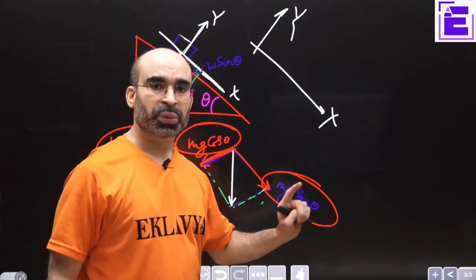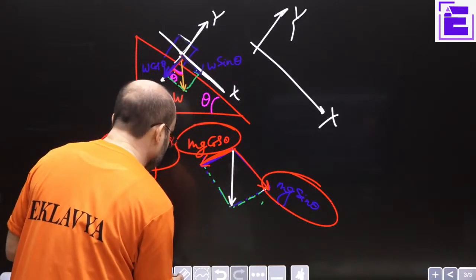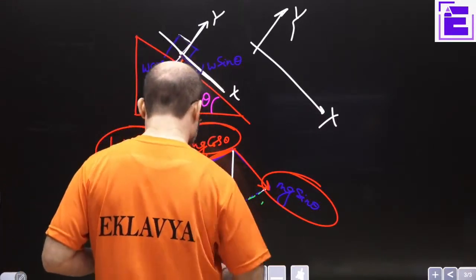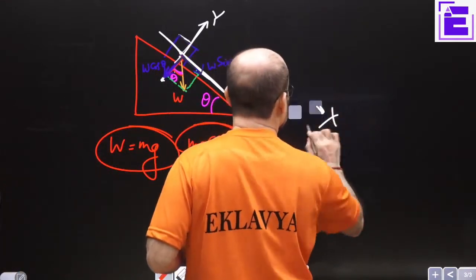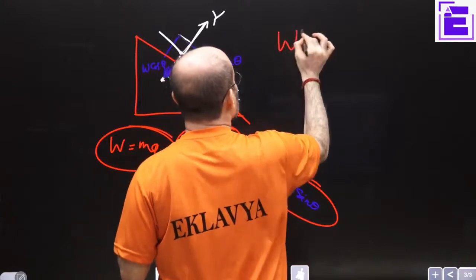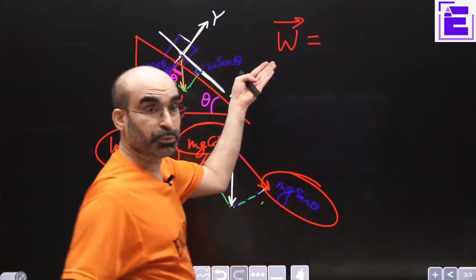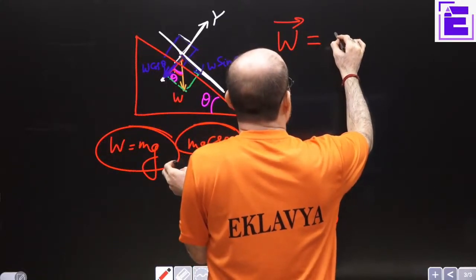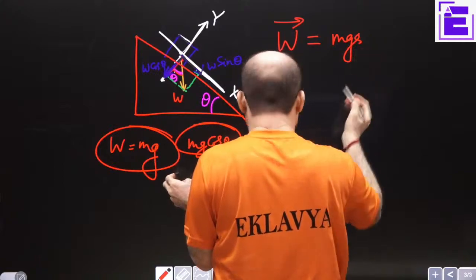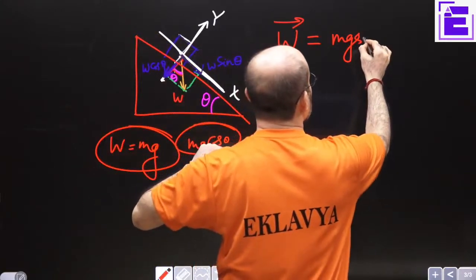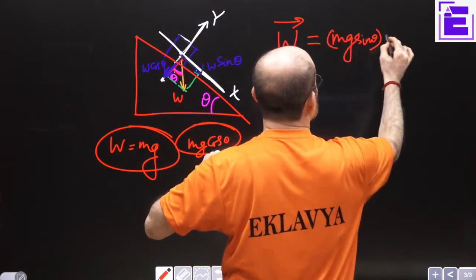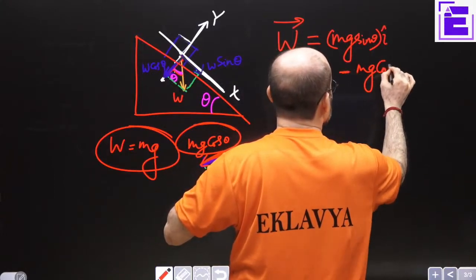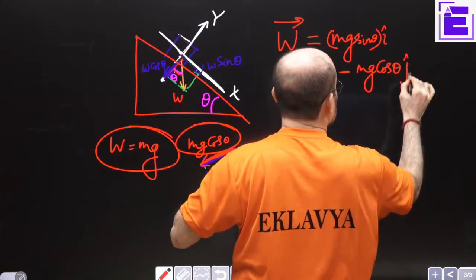So is this clear? How can this vector be represented? Let us talk about this. This vector W, mg, is expressed in this manner: mg sin theta along the x-axis, that is mg sin theta i cap, minus mg cos theta along the y-axis.